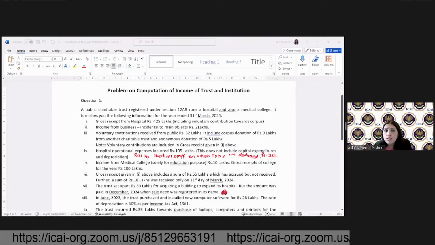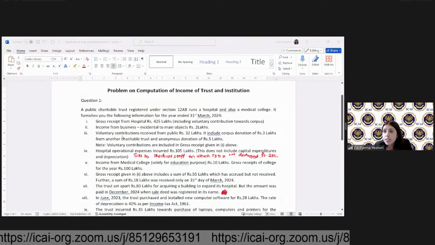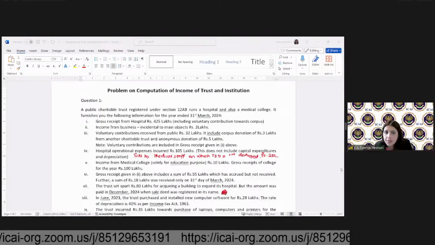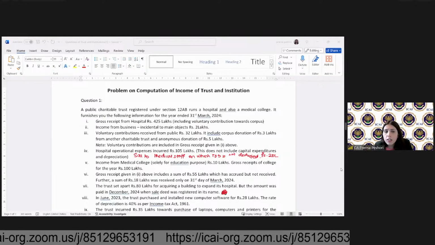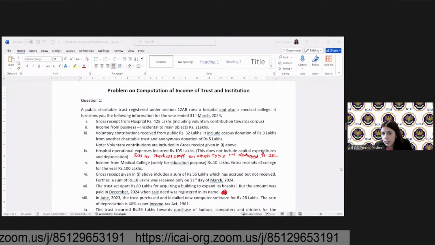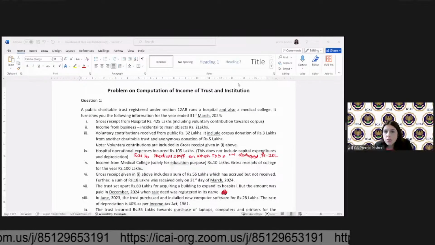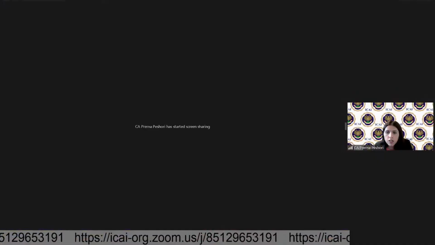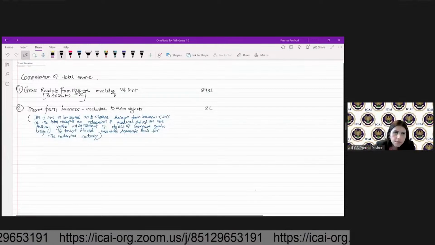Voluntary contributions received from public were rupees 32 lakh. This is what we have discussed. It includes the corpus donation of 3 lakh from another charitable trust and anonymous donation of 5 lakh. So voluntary contributions are included in gross receipt given in one above. So we'll now talk about the voluntary contributions.